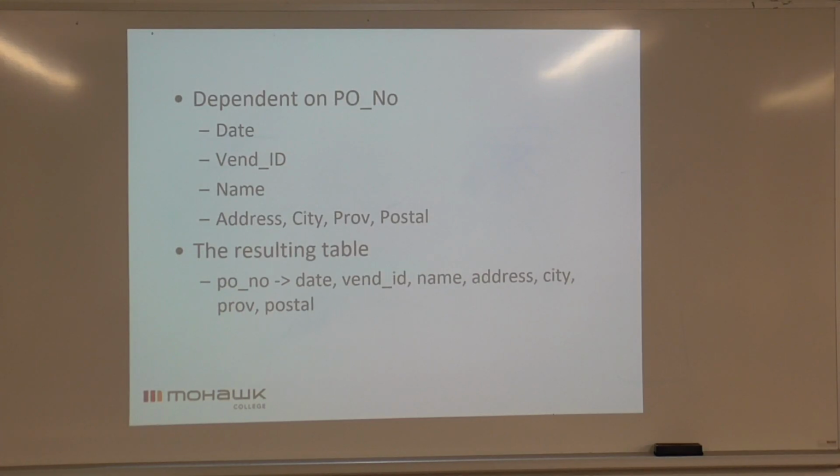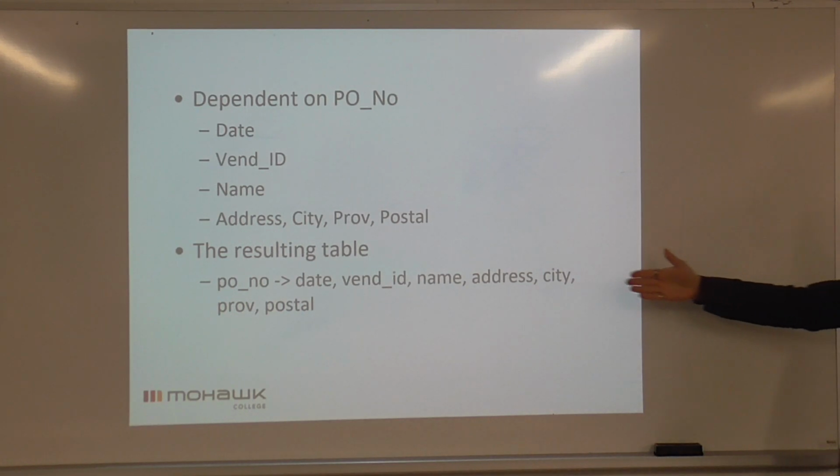Dependent on PO number, we have date, vendor ID. What we call vendor, they call name, and address. There we go. We got that one. In arrow notation, this is what it looks like.